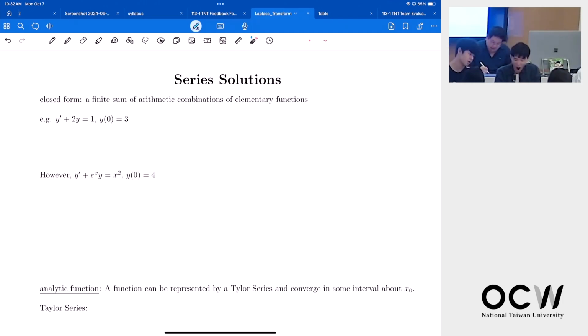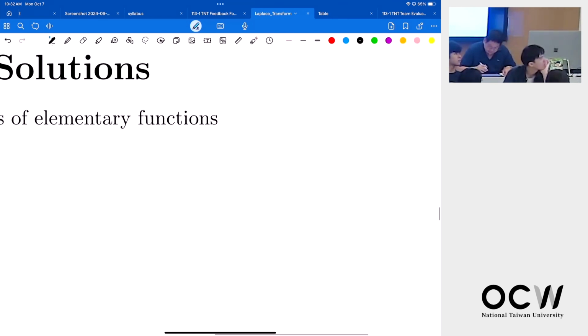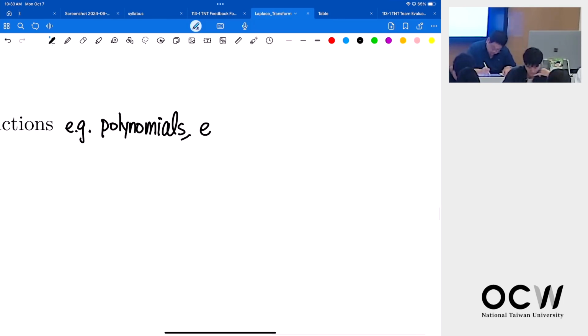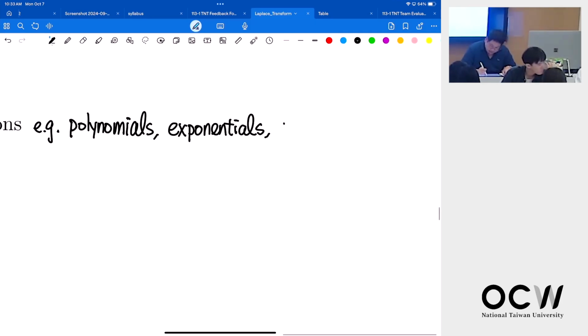These elementary functions, or closed form functions, are like polynomials, exponentials, or sine functions or cosine functions.